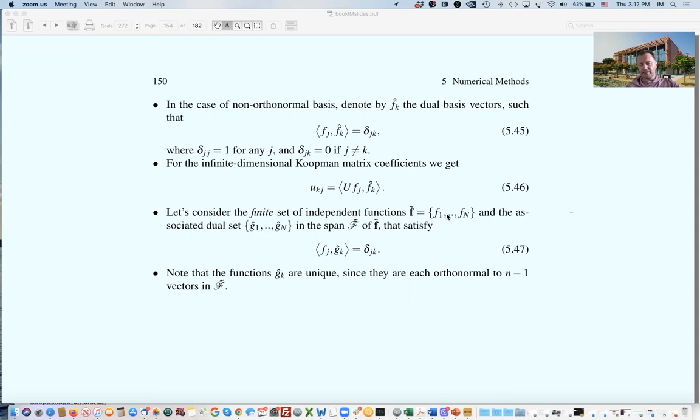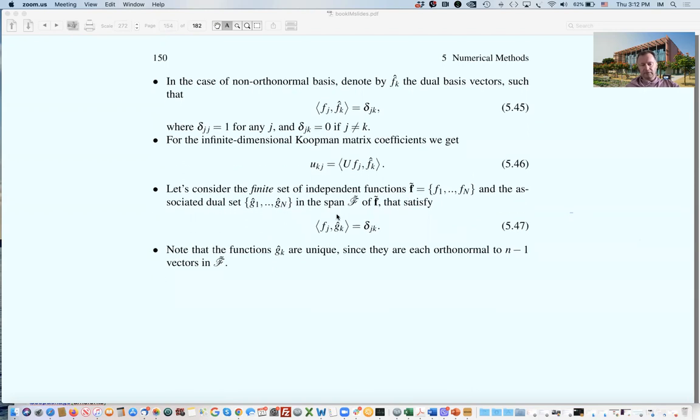And then for every such basis, you can get a dual by just making sure that each of these functions, let's say G1 hat, is orthogonal to all the other functions, F2 to Fn. You can always do this, right? You can always find a vector that's orthogonal to n-1 vectors. That's a hyperplane, and you find a vector that's orthogonal to that. You find G1 hat, and then you proceed to find G2 hat, G3 hat, and Gn hat.